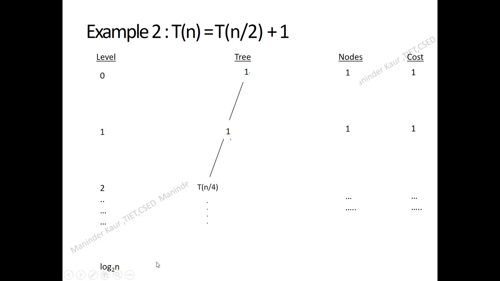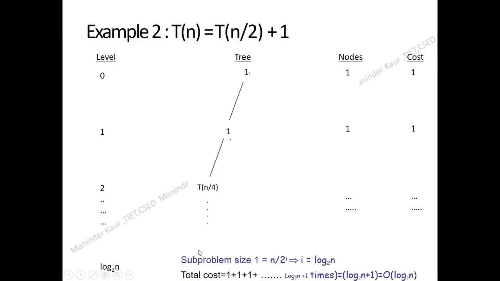If you keep moving further, the problem will be of size 1, that means n divided by 2 raised to power i equals 1, so at level log to the base 2 of n your tree will not propagate further.